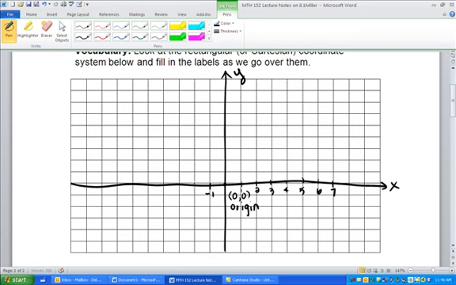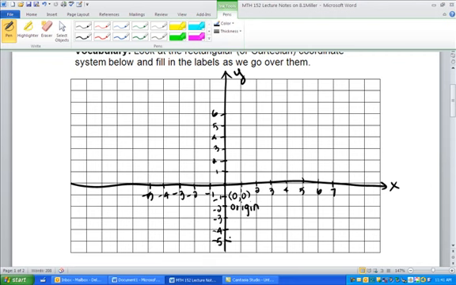In the negative direction, we also count. Positives are up on the y-axis, and we count negatively as we go down: -1, -2, -3, -4, and -5.